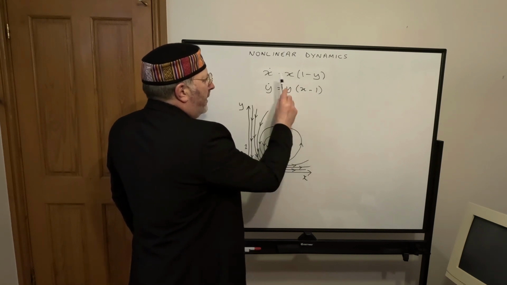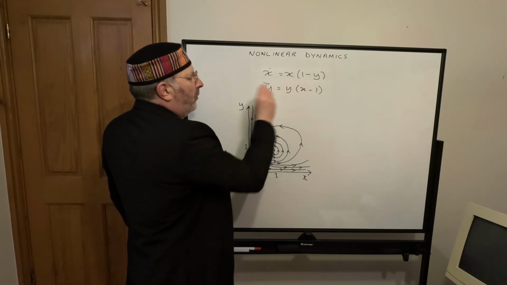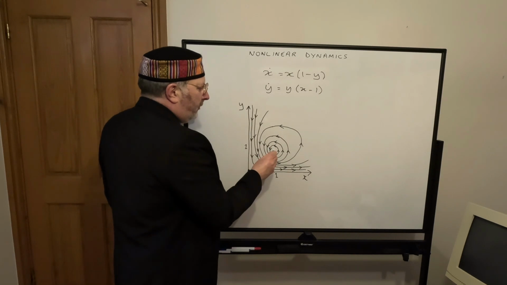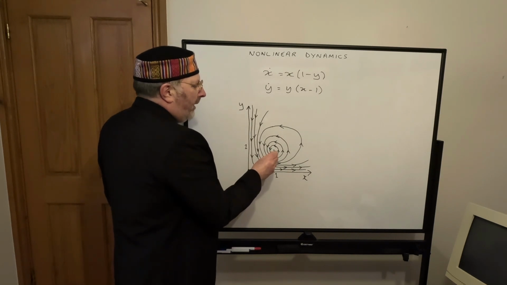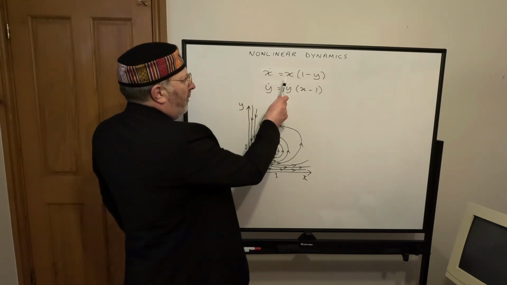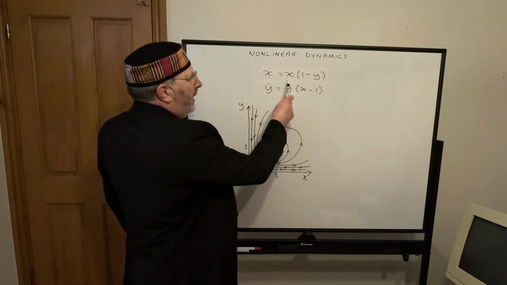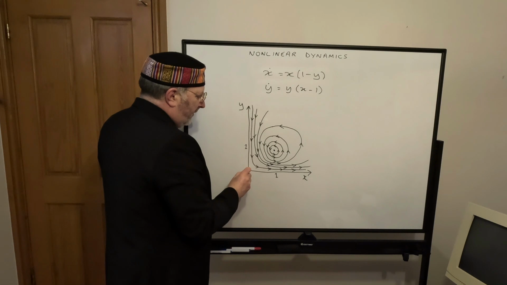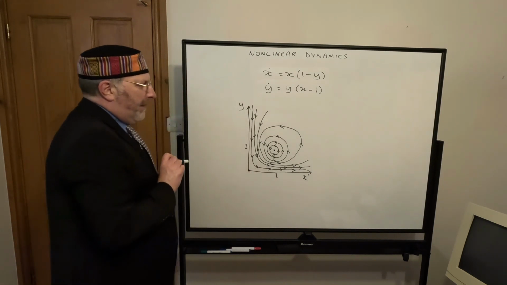So at 1, 1, this will be a fixed point. Both x dot and y dot will be 0, so there will be no change. So it will just stay at the xy position it is. And then the other fixed point is at 0, 0. So when x is 0 and y is 0, again, both sides are 0. So if it's at 0, 0, it will just remain there.